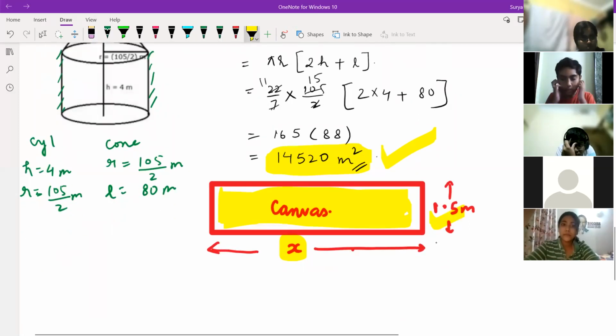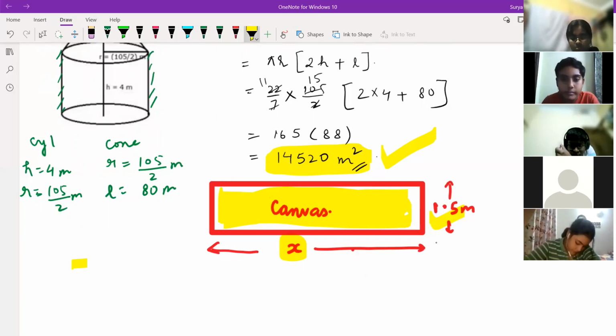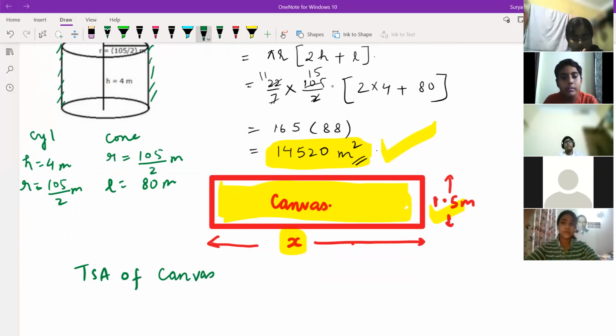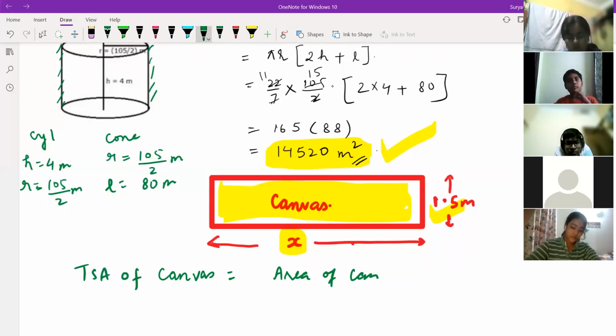TSA of canvas is equal to area of canvas, of width 1.5 meter.